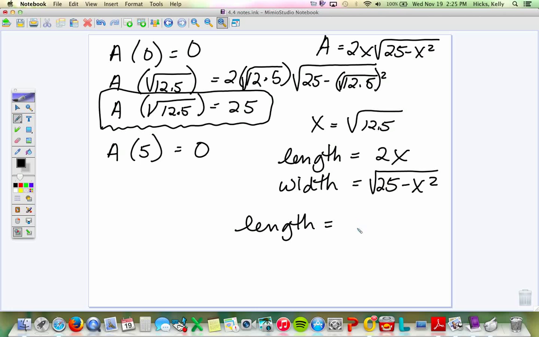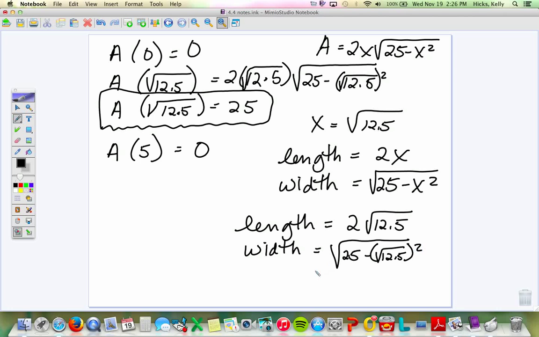So our final answer, the length at the maximum area, would be equal to 2 times the square root of 12.5, and the width would be equal to the square root of 25 minus the square root of 12.5 squared.